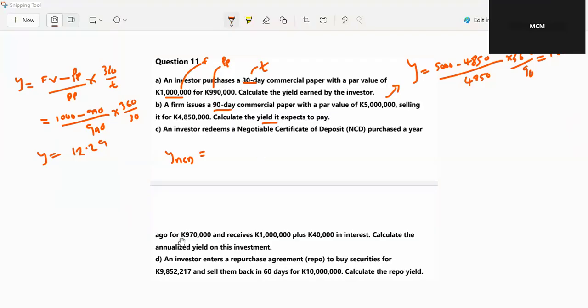So we have our purchase price, we have our face value, we have our interest. So what is the formula for the NCD? Who remembers the formula for the NCD?